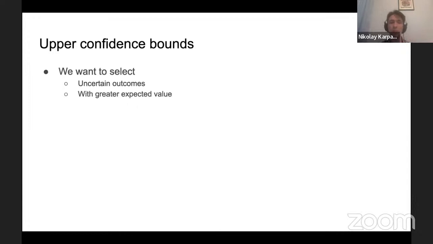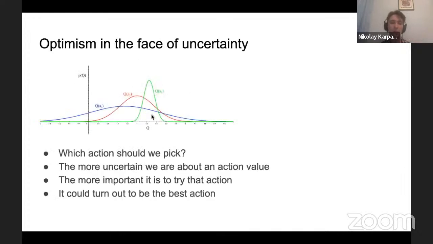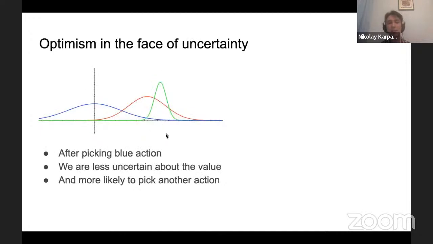So we want to select ideally both uncertain outcomes to explore, but we also want to select the greater expected value. Because in our previous example, it's clear that the expectation for the green action is greater than the expectation for the blue action.